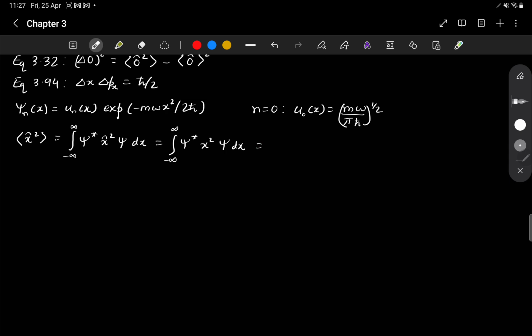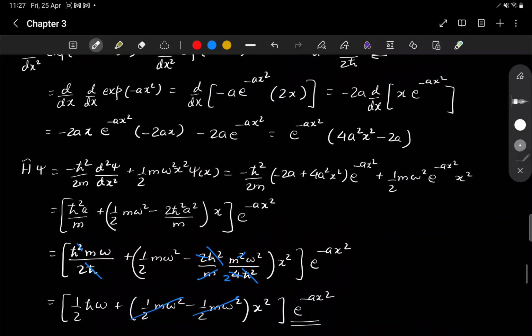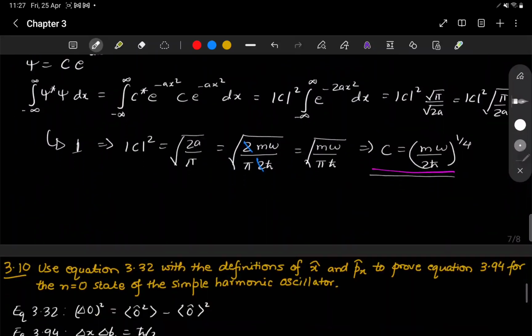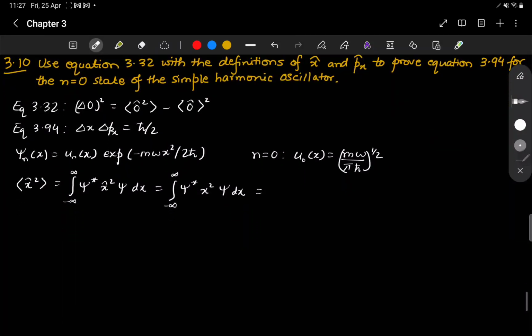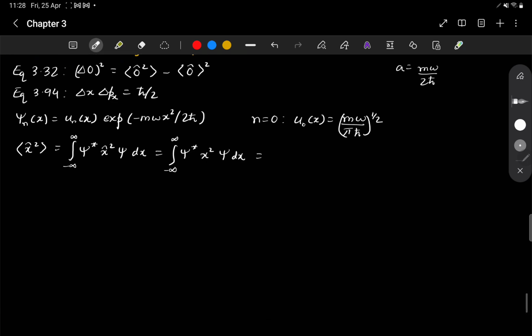Now let us plug in these expressions, and let me make use of the substitution that I had used earlier, A equals m omega over 2 h cross. Making this substitution, sorry, this is not 1 over 2, this is 1 over 4. So this comes out as follows.